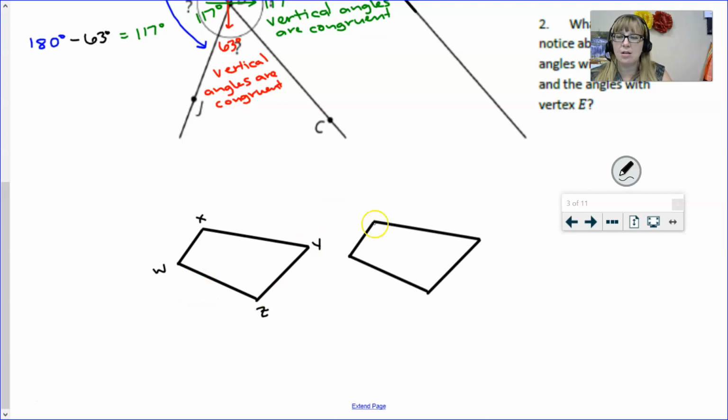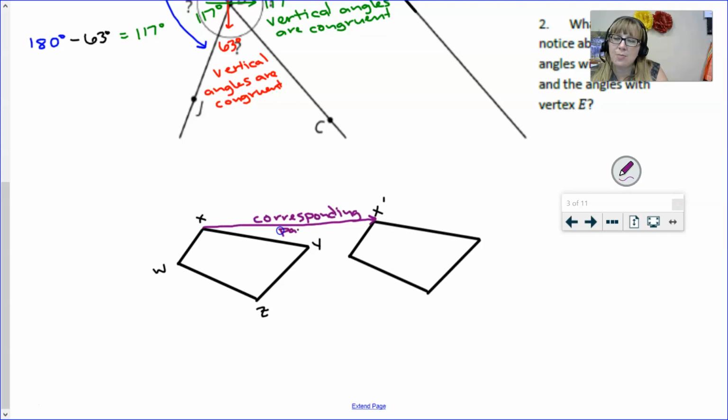What should I call this point here? You're probably saying to yourself, we should call it X prime. But why do I call it X prime? Why am I not calling it Y or Z or W? Intuitively, you already know this, and the reason is because these are corresponding parts. And so we name them similarly.